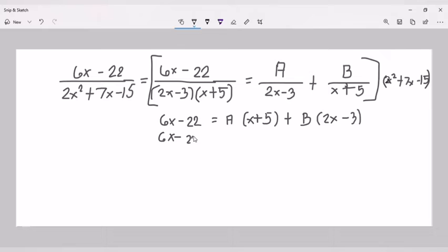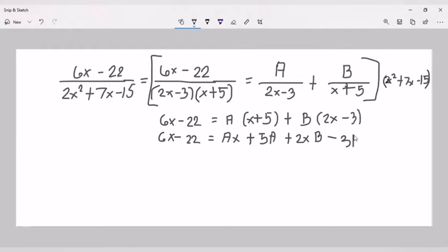Then, using the distributive property, A times x gives us Ax, plus A times 5 gives us 5A. Then distribute also B, so that gives us 2xB minus 3B.